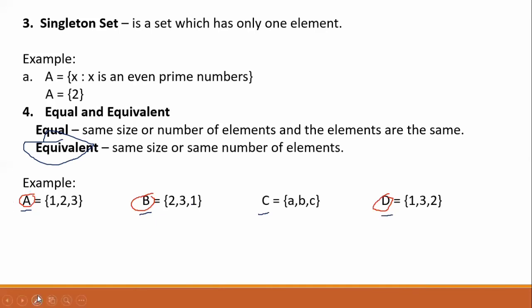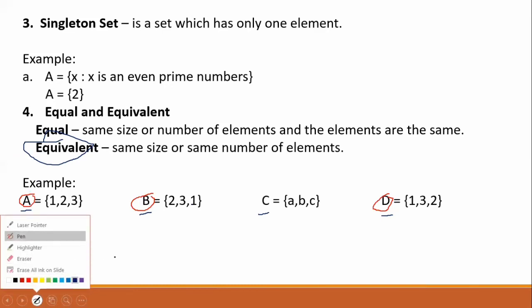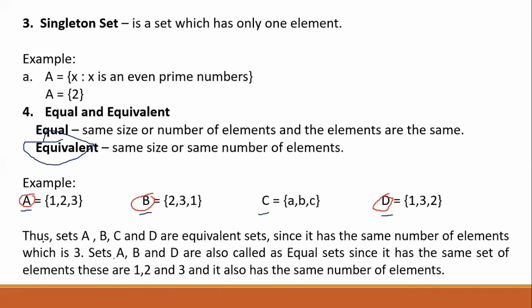Okay. And your answers are correct. Thus, sets A, B, C, and D are said to be equivalent sets since they have the same number of elements, which is 3. 1, 2, 3; 1, 2, 3; 1, 2, 3; 1, 2, 3. The same number of elements, which is 3. Therefore, they are said to be equivalent sets.